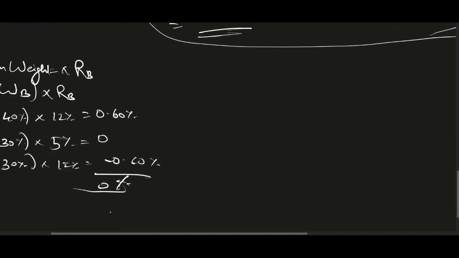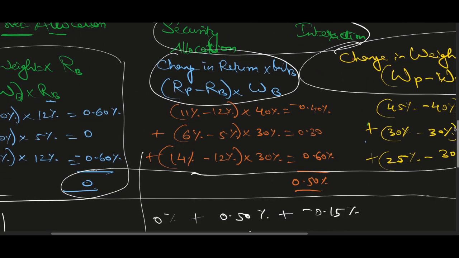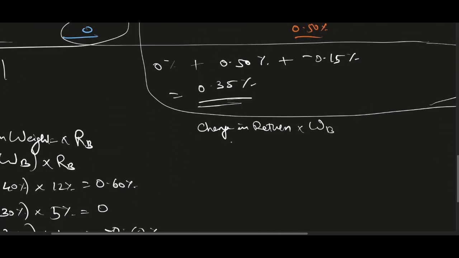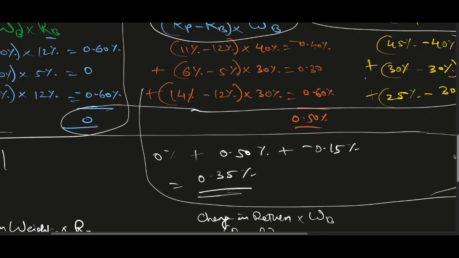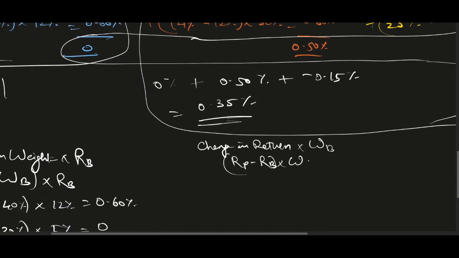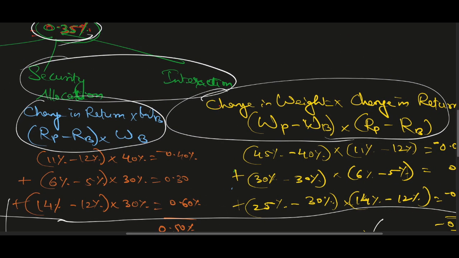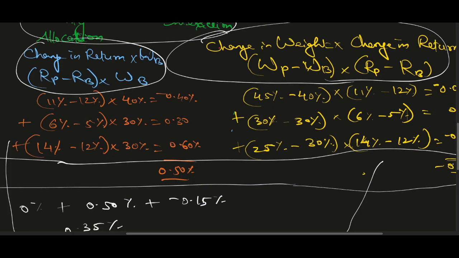Here change in return into weight of the benchmark, which is RP minus RB into weight of the benchmark. Then change in weight into change in return.